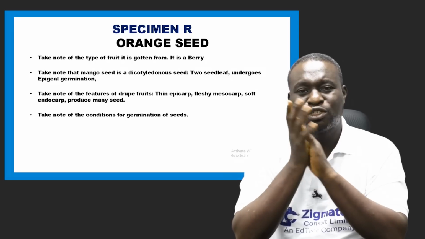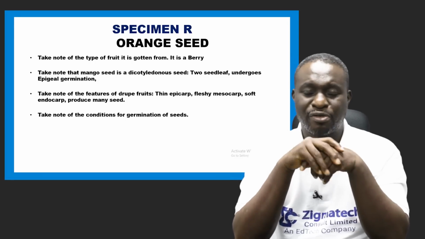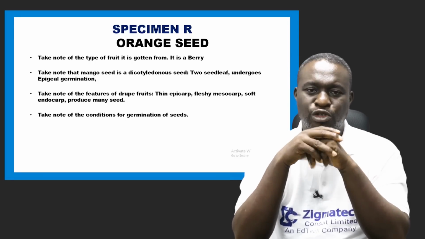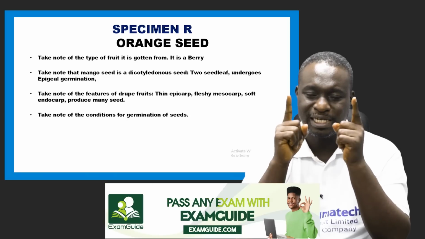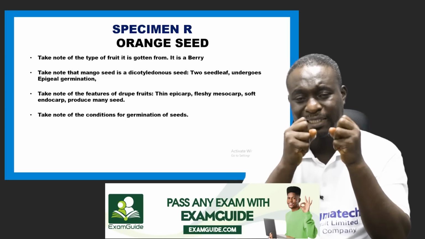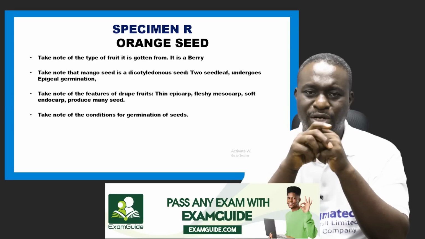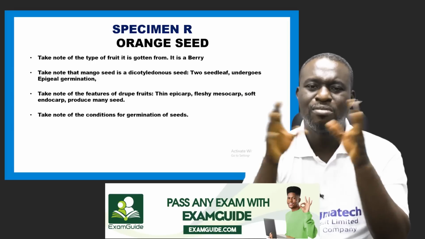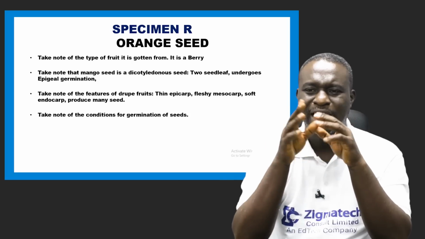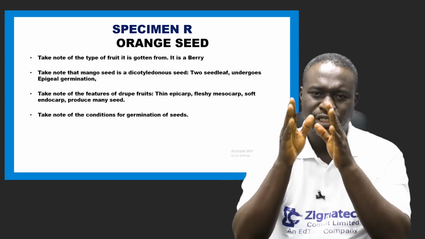And also another major difference between berry and drupe is that drupe produces one seed that is usually large and stony hard. But berries produce many seeds, and these many seeds are small.